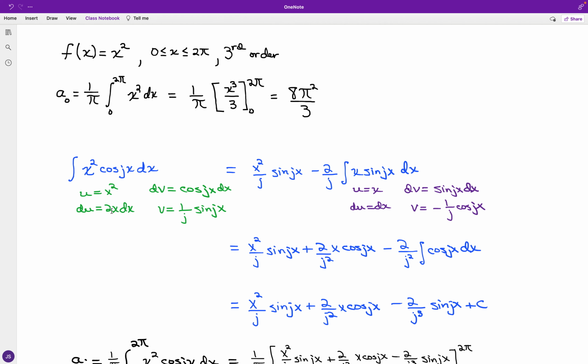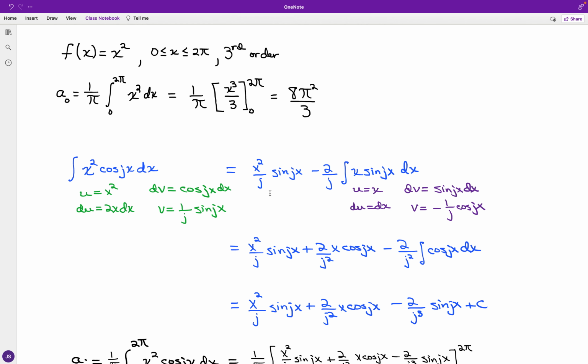So letting u be equal to x squared, we have du equal to 2x dx. And setting dv to the cosine of jx dx, the antiderivative v will be 1 over j times the sine of jx. And looking at what we have for u times v minus the integral of v du.